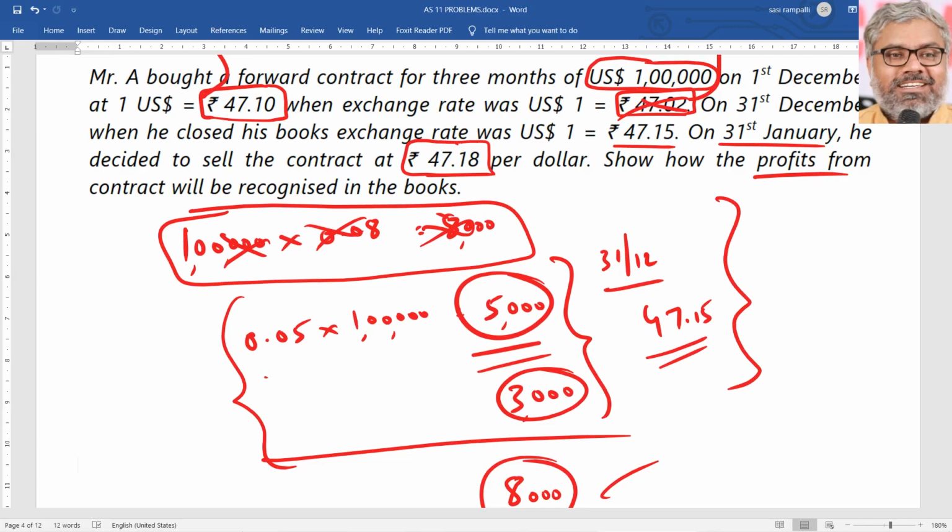It is easy to write a statement. We can write that 5,000 should be recognized in the P&L account as profit on 31st December because AS 11 says that forward contracts have to be marked to market on the date of each reporting of financial statements. Easy to say, but practically, what is the entry? That will be difficult because there is no particular debit.